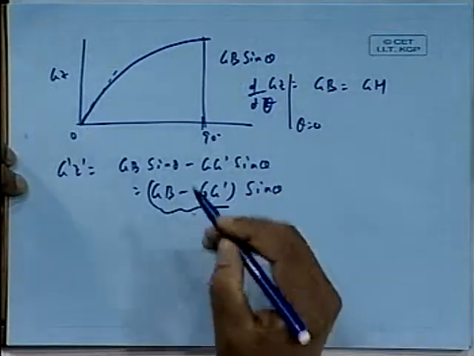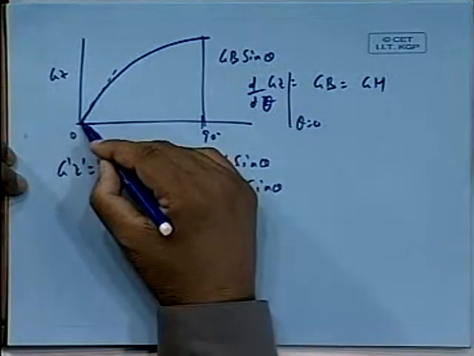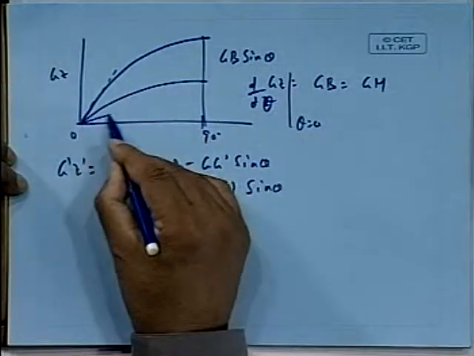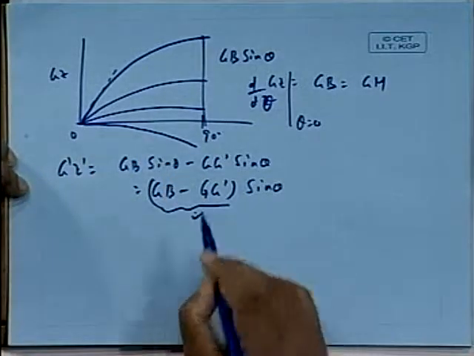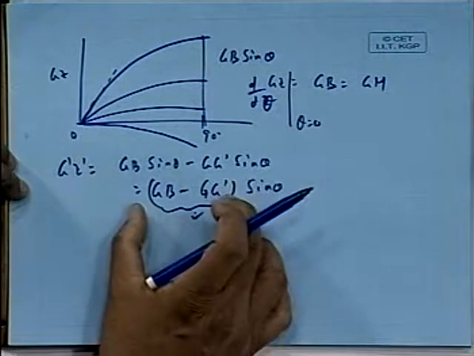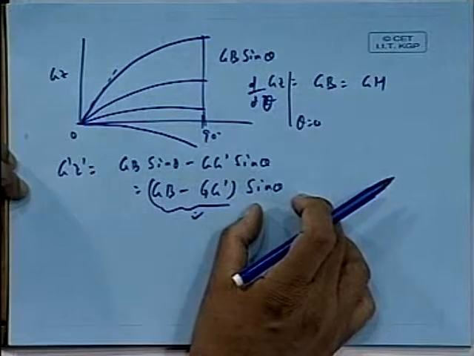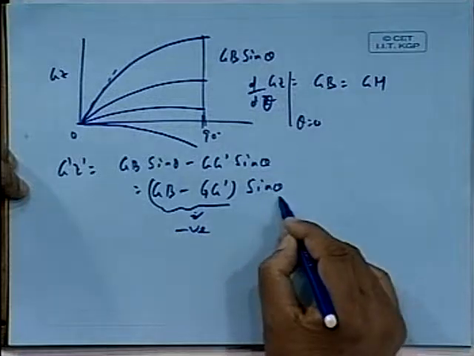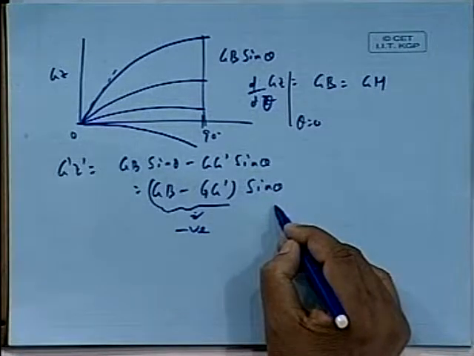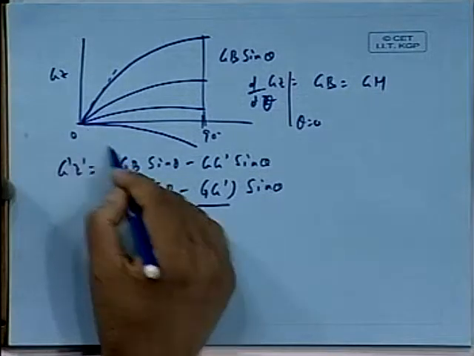Now what happens if you make it negative? If you reduce it, it comes like that; you go more, it will simply come like that. There is no way this curve can change sign. If it is negative here, then up to theta equal to 90 degrees it will remain negative, like a negative curve.